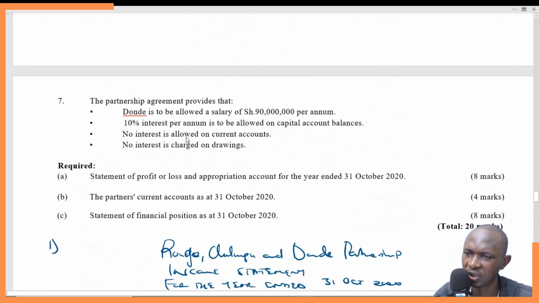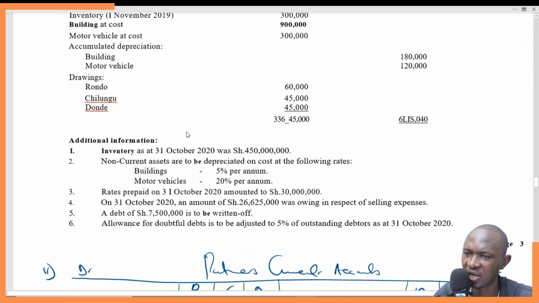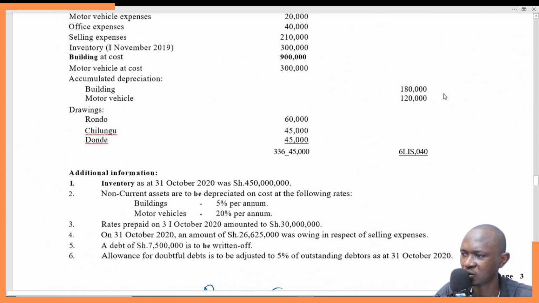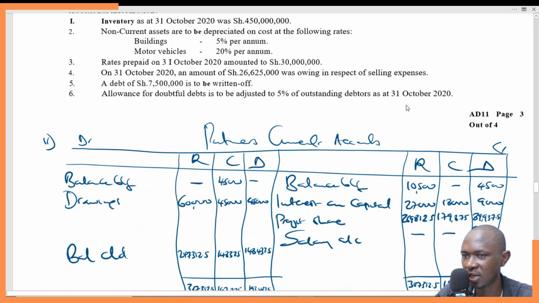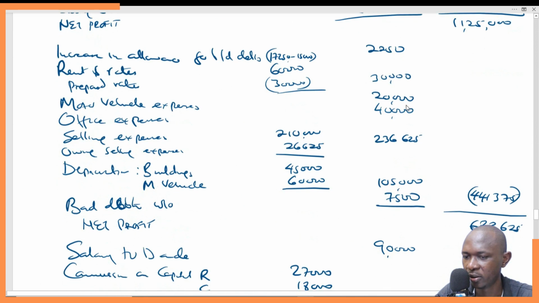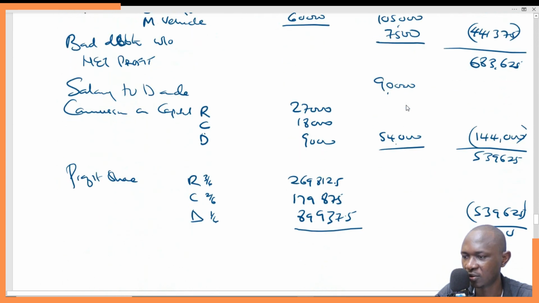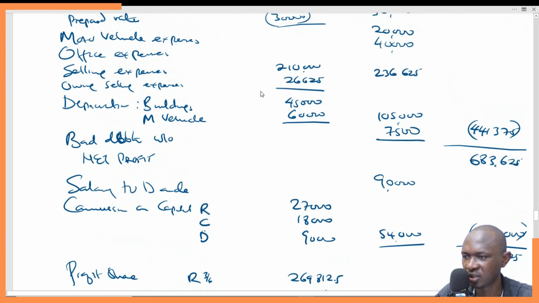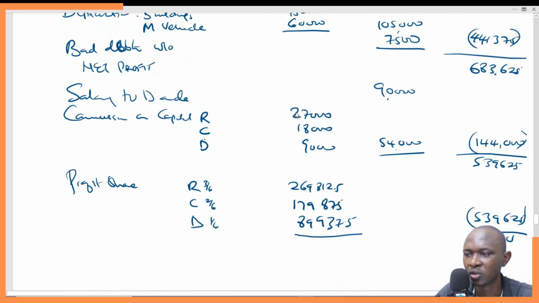So far for buildings it is 180, for motor vehicle 120. Then we add the depreciations for this particular year. For buildings is 180,000 plus depreciation for this year 45,000, that gives you 225,000.